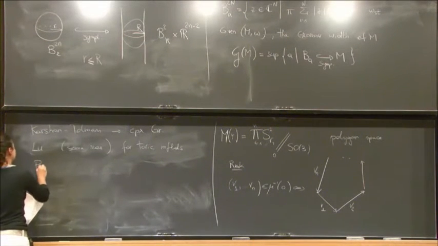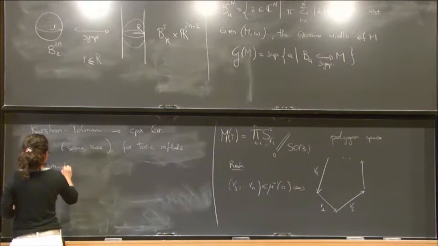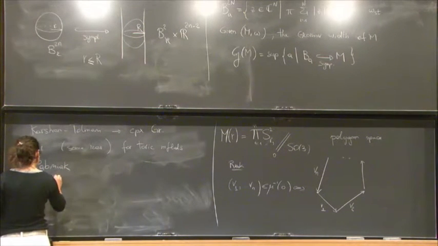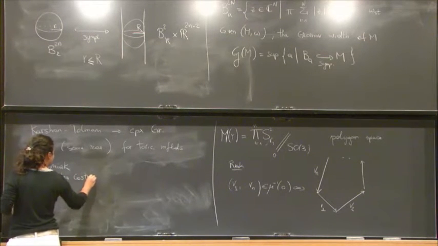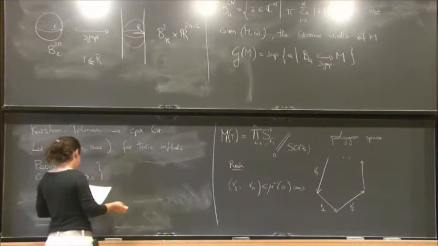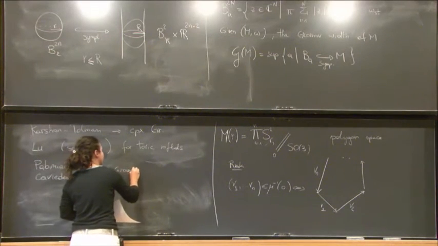And then there are works of the student of Tara, Milena Pabiniak, and Javier Descastro. The works are separate. Milena works on the lower bounds, and Javier Descastro works on the upper bound, but together they compute the Gromov width for some coadjoint orbits.